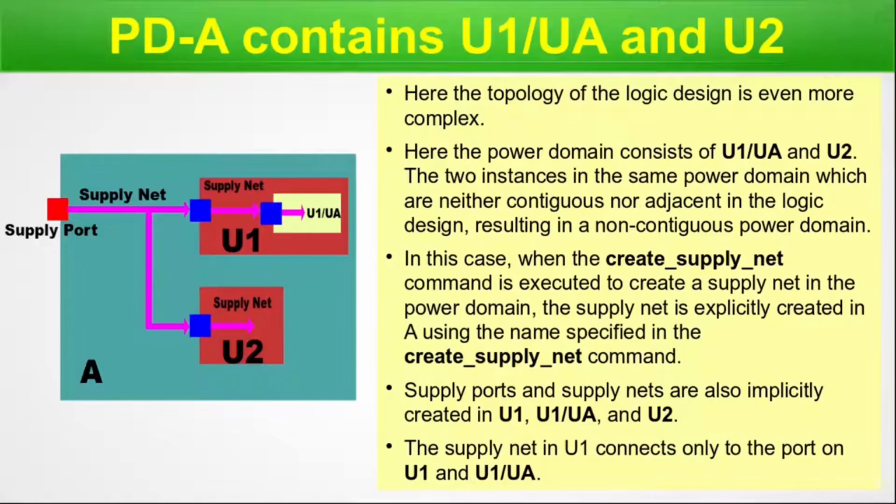And the supply net in U1 connects only to the port on U1 and U1/UA. So this means, let me bring the mouse pointer again, this supply net is connected here and here. So this is what we are meaning. Although it is clear and evident now that the picture is with you, when you have an actual design in hand, this picture has to exist in your mind and you have to have this text concept along with you to work on. That's why it is explicitly written. Purpose of this slide is over. Let's move on to the next one.